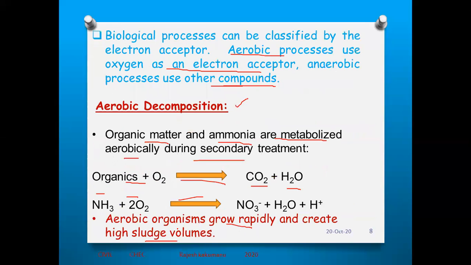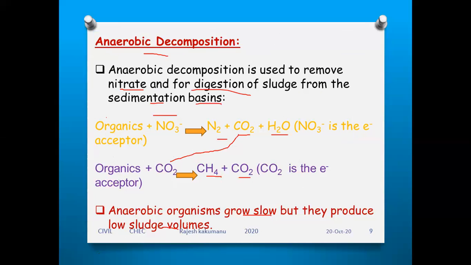Whereas in this aerobic concept, what happens? The organisms grow rapidly because of the presence of oxygen and create high sludge. Whereas anaerobic organisms grow slowly and produce low sludge volumes because of the absence of oxygen and also the presence of CH4. So these are the two processes that generally happen when we use the secondary process for the decomposition process.